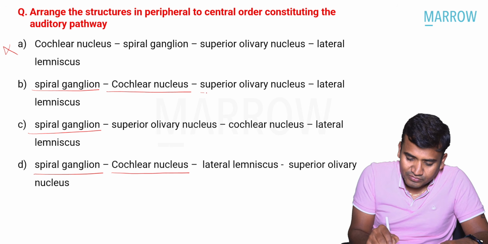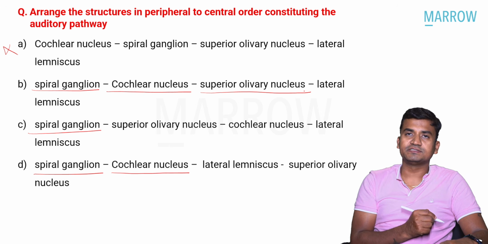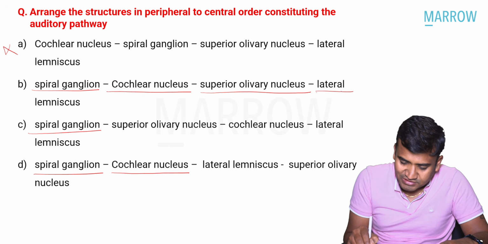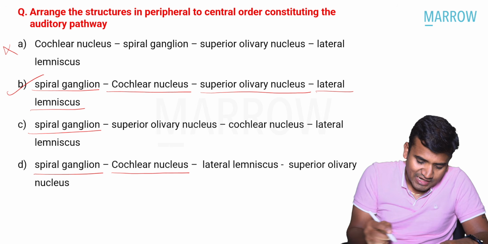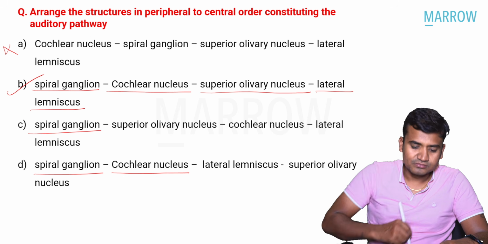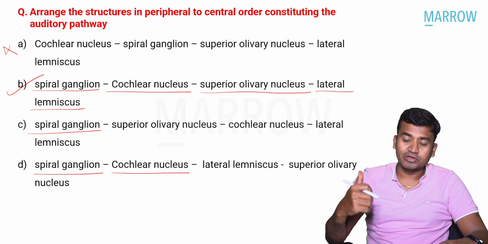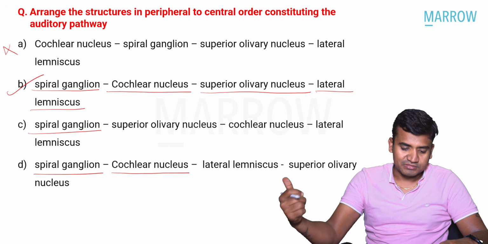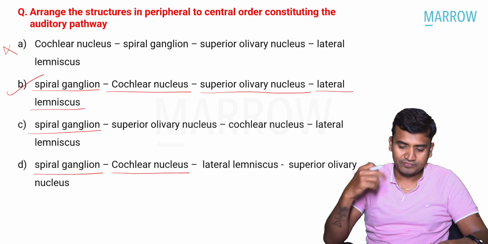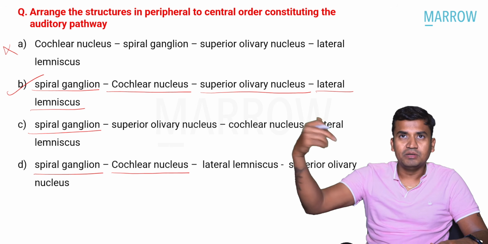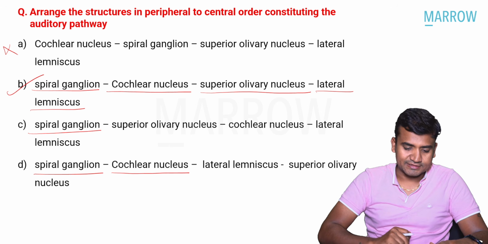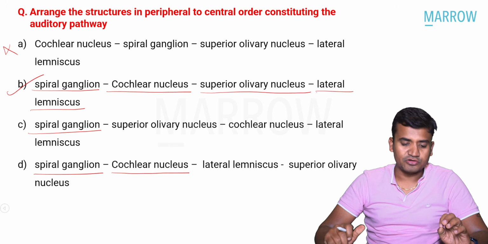O is our superior olivary nucleus, and then lateral lemniscus. So B is the answer for this question. Spiral ganglion, cochlear nucleus, superior olivary nucleus, lateral lemniscus. This is the arrangement. Okay, right. And then inferior colliculus, medial geniculate body, and then auditory cortex. And B is the answer for this question.